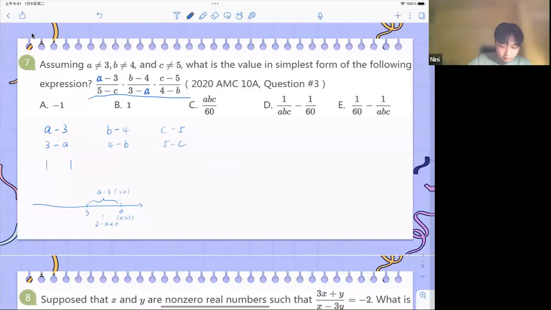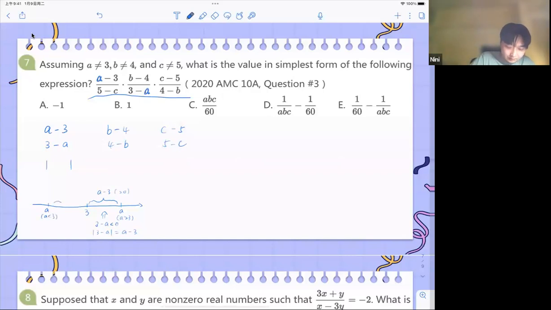So if we want to express the distance here, we need to add an absolute value. Why? Because this is a result which is less than 0, and for the distance, it should be positive. So we need to add an absolute value. That means this stuff is equal to this stuff. Same situation happens when A is smaller than 3.